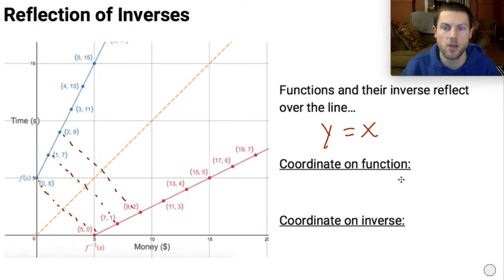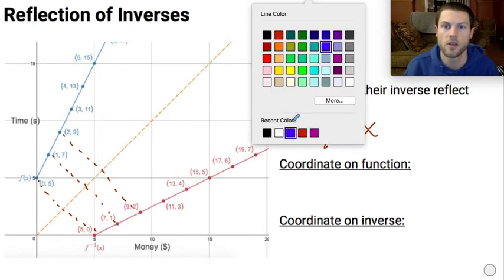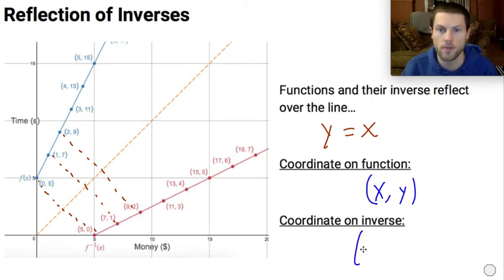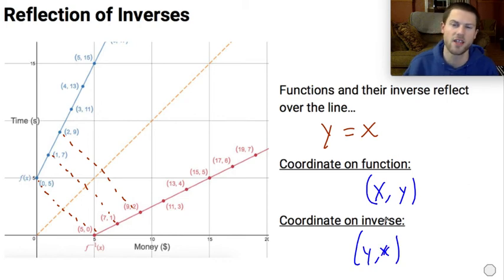And in general, if I have some coordinate on a function, x comma y, then I will find the reverse coordinate, y comma x, on the inverse function. I think this is confusing because we see y comma x and we think, wait, I thought it's always x comma y. And it is, a coordinate is the x position and the y position.